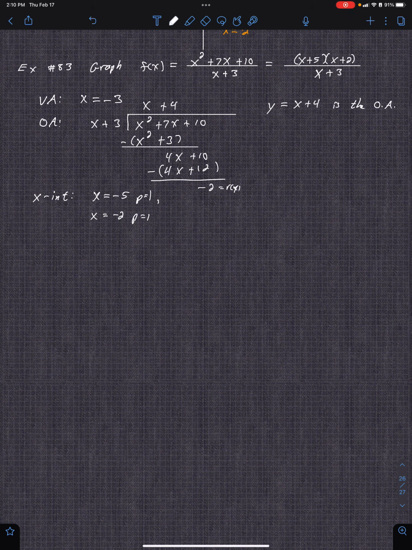It'll disappear is kind of the point. Oh, one more. So y-intercept is f of 0, which is 10/3. All that really matters is that it's positive, above the axis, and it helps us determine what the graph has to look like. Okay, we're ready to graph.